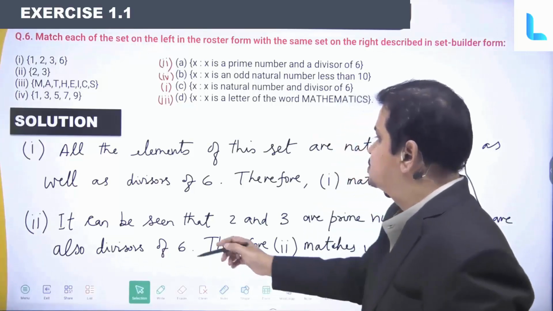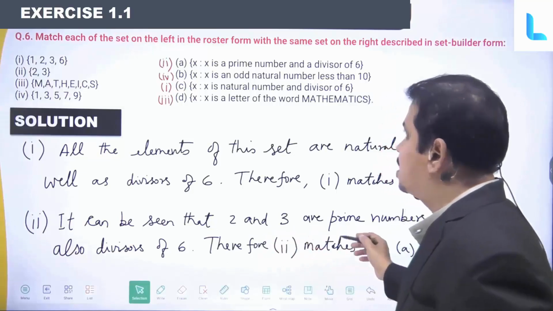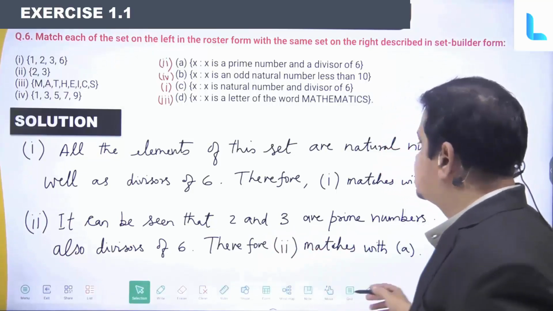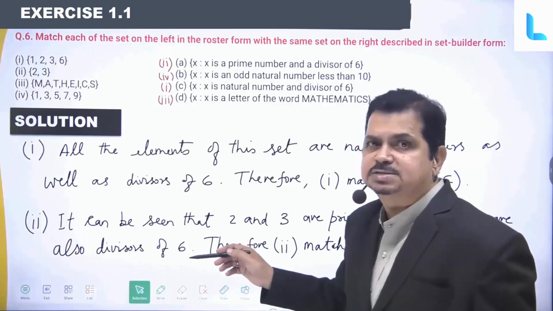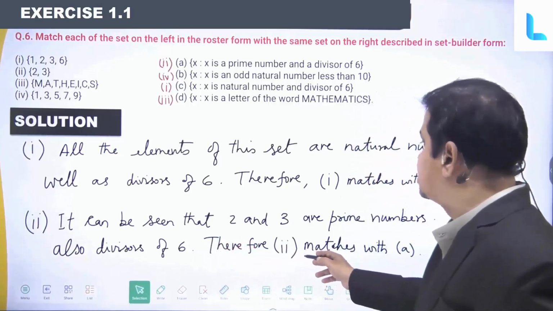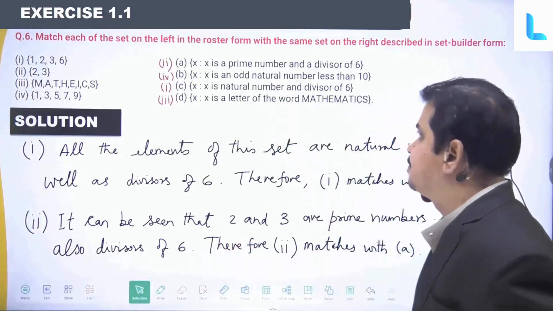It can be seen that 2 and 3 are prime numbers and also they are divisors of 6. So therefore we can tell that 2 matches with A.